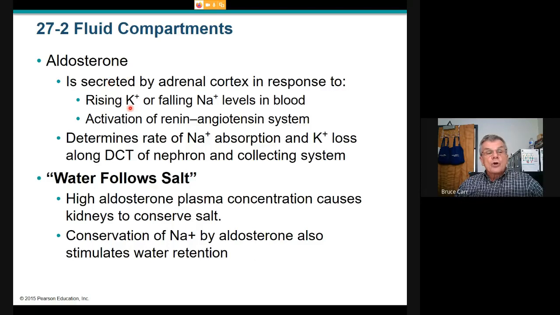Chemoreceptors notice rising potassium, approaching the upper limit or exceeding what we call hyperkalemia, or falling sodium levels in the blood. They activate a cascade. The kidney releases renin, which produces that cascade that I've named before: angiotensinogen, angiotensin 1, angiotensin 2, aldosterone. And basically, it affects the rate of sodium absorption and potassium loss. This is in the distal convoluted tubule, so it's a late nephron effect, and the collecting duct.